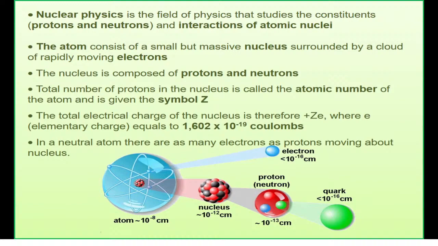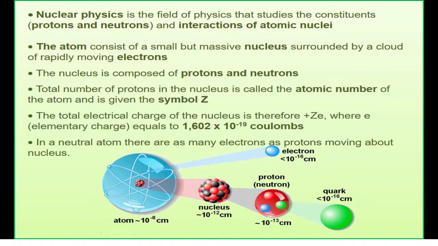That is the field of physics that studies the constituents, protons and neutrons, and interactions of atomic nuclei. The atom, you know, consists of a small but massive nucleus surrounded by a cloud of rapidly moving electrons. The nucleus is composed of protons and neutrons.